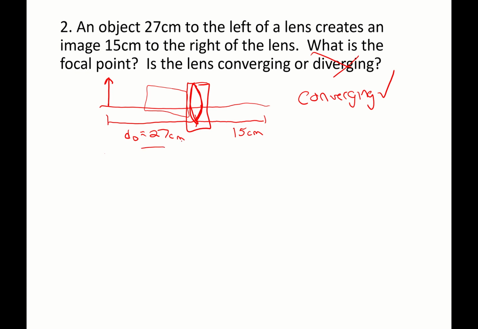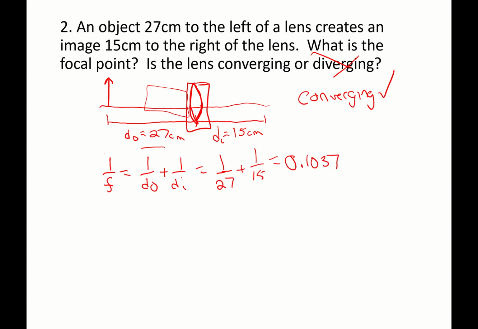Well, we know DO and we know DI. So we just do 1 over F is 1 over DO plus 1 over DI. So it's 1 over 27 plus 1 over 15. And when I do that, I get 0.1037.